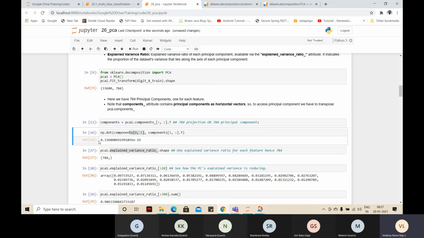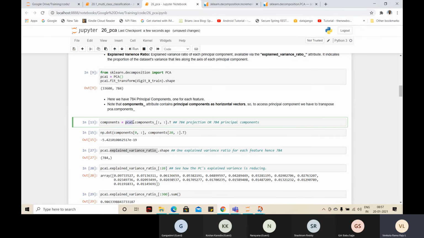See this? 4.33 times 10 to the power of minus 19, almost 0. Got it? It's almost 0. So you take any two vectors from these components and multiply, they are orthogonal. Basically, that's what is going to happen. But as you know, it applies SVD. So our understanding is correct.